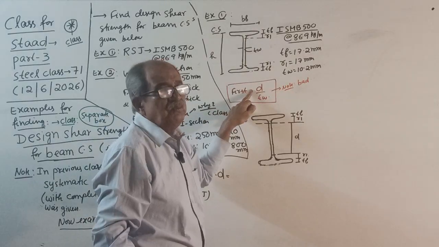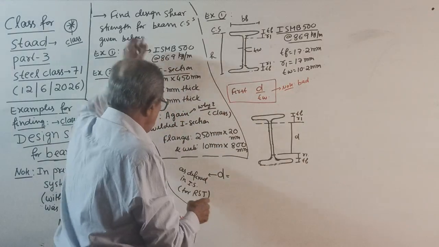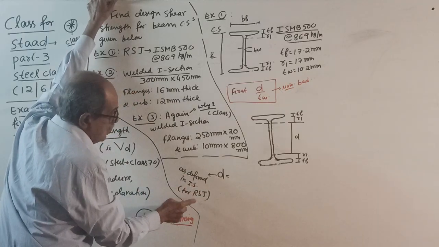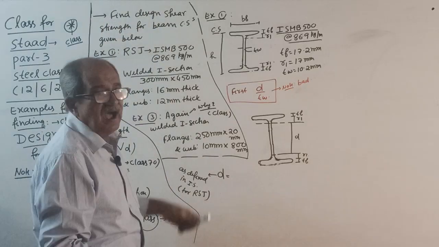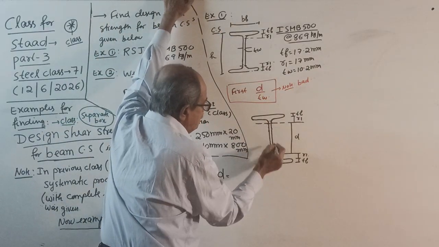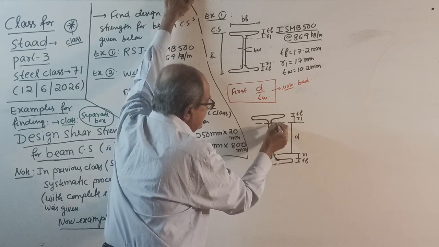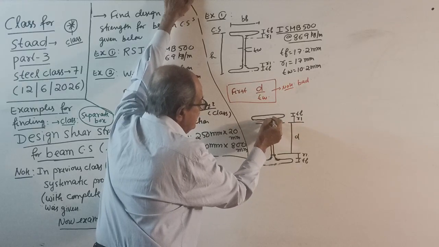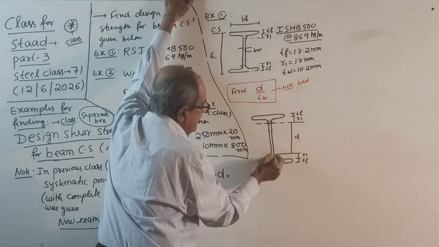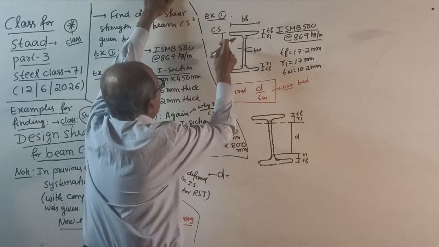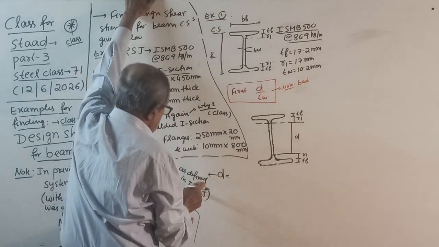It is the depth of web as defined by the IS code for rolled steel joist. IS code says D is the weakest part of the web, that is the distance between the root fillets. See, the curvature is here, the thickness is more, the weakest is here. This is D.